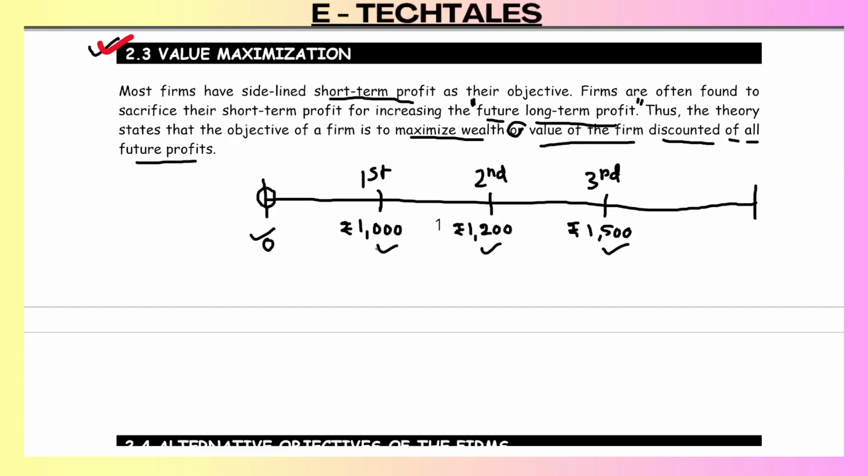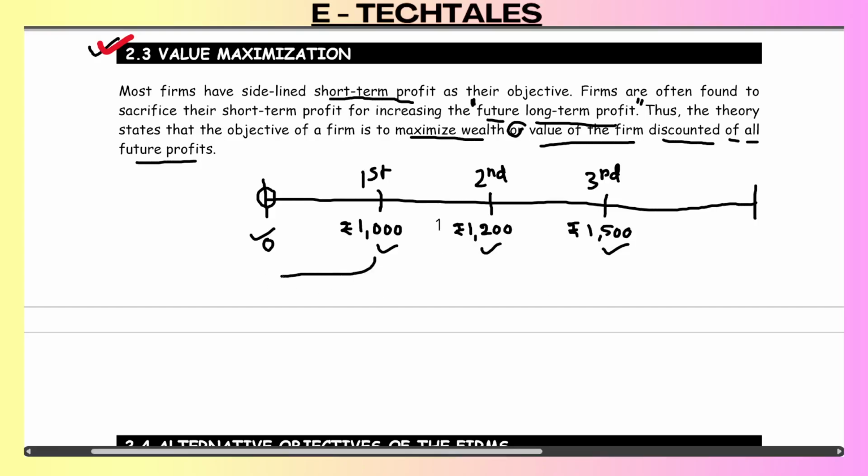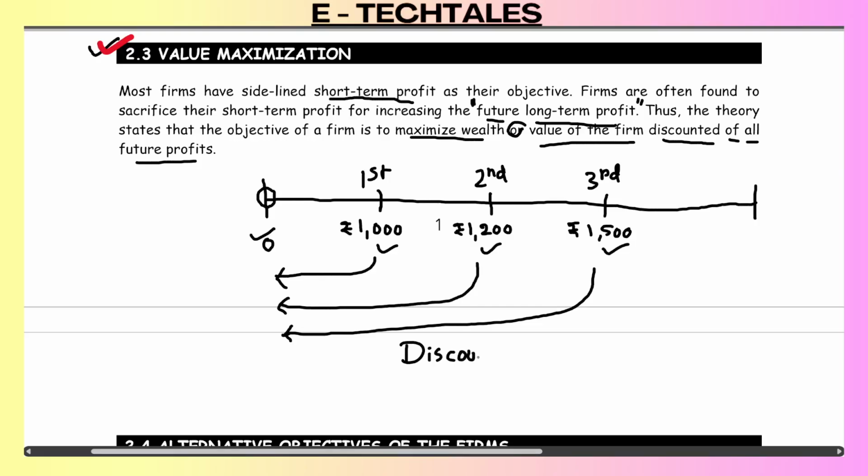So there is a factor that is used in this scenario to extract the value of these 3 years of profit, that is called the discounting rate.